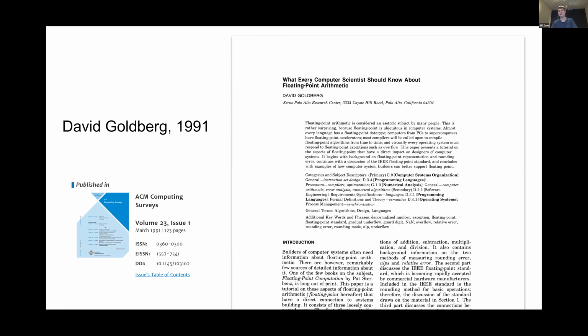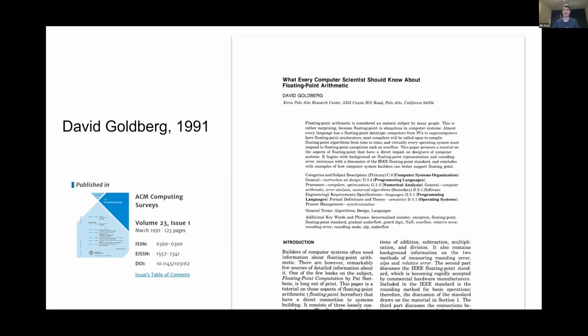And so it's loosely, this is just really some musings on the classic David Goldberg paper, which I highly recommend perusing again. Many of you are probably familiar with it. It's maybe not the best introduction to floating point, but if you're already familiar and an expert, it's a fun thing to read now and again.